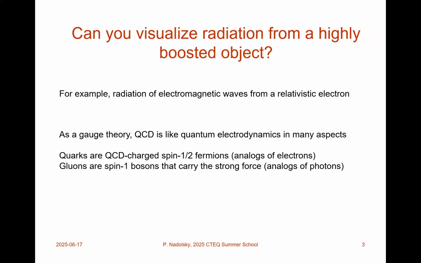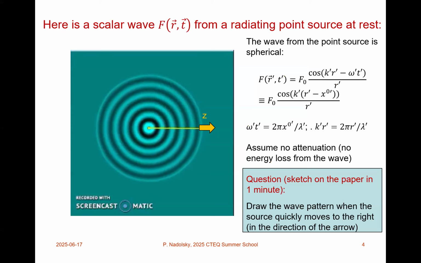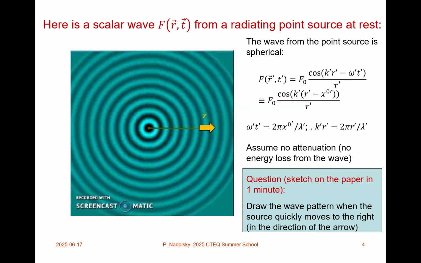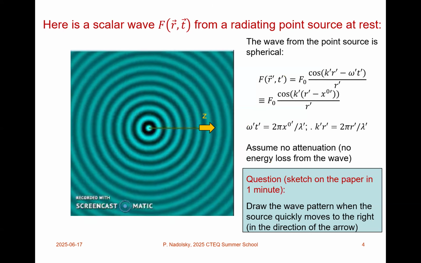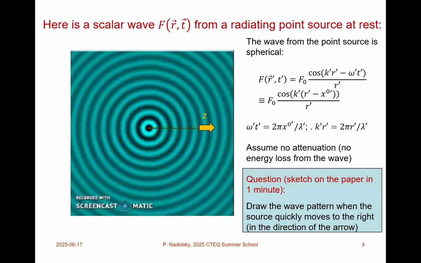Let me see, I have it here. This is a simulation. This is an electron. Here I assume it's just a sinusoidal, harmonic wave, but in general there will be some wave packet. When the electron radiates something, the wave goes in all directions.